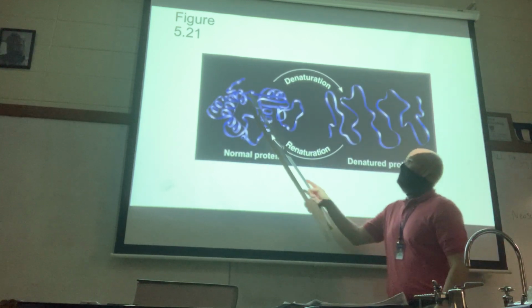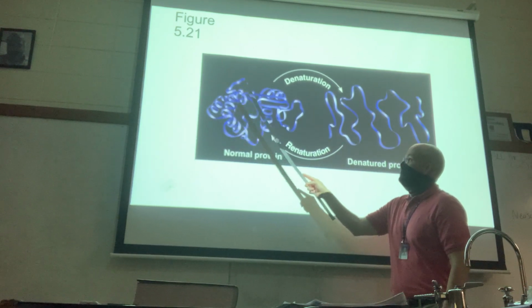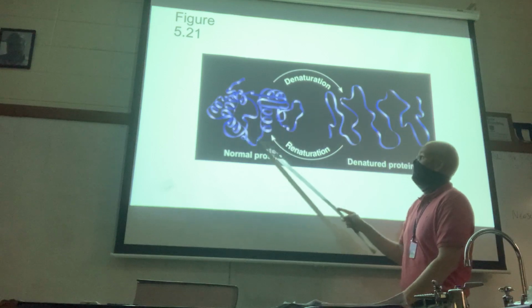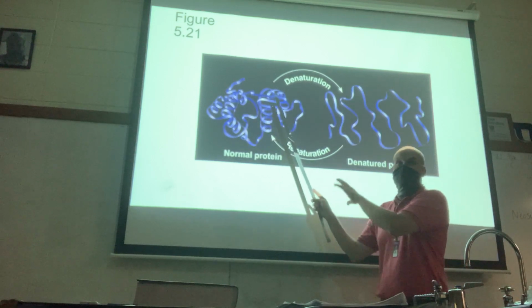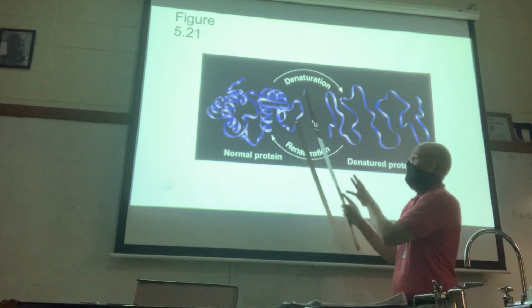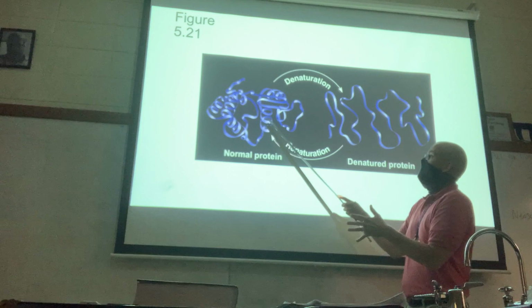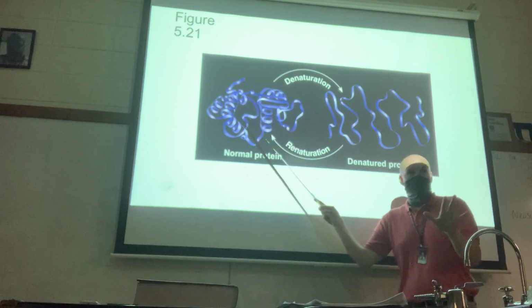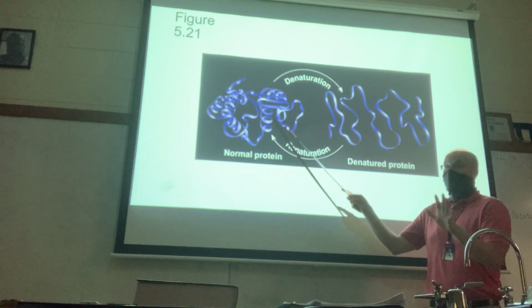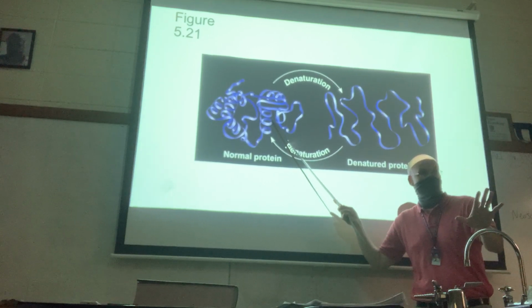But again, this is a polypeptide chain right here, looping around, folding around. Maybe there's a couple of chains here that were individually built and are now stuck together. It's hard to tell. It's such a mess. But it's got a very specific shape. And since it has that shape, it has some function that it could perform.